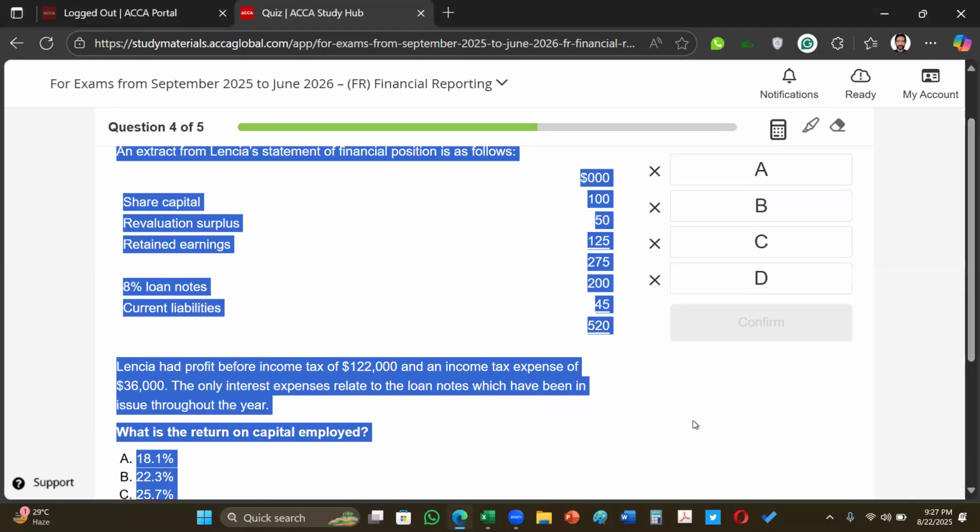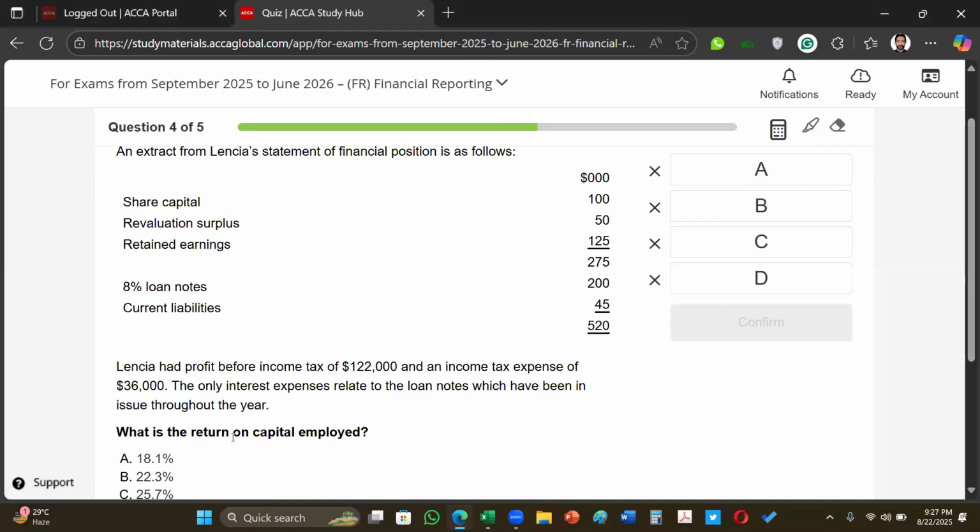Okay, so we look at the second last one. The quiz is here. We have to calculate the ROCE, return on capital employed, and the information that we have is an extract from Lencia's Statement of Financial Position. We have the share capital, the revaluation surplus, the retained earnings, the loan notes. So this is actually your capital employed, your equity and your non-current liability.